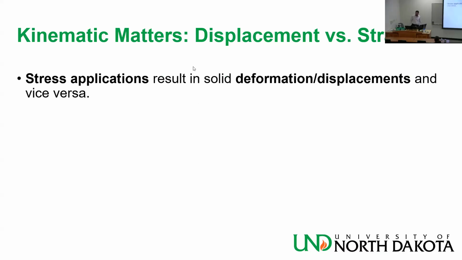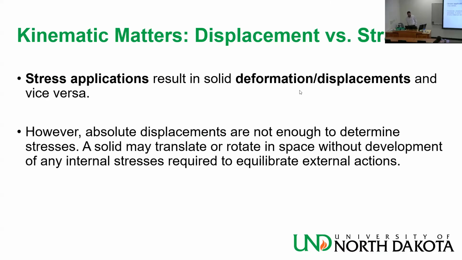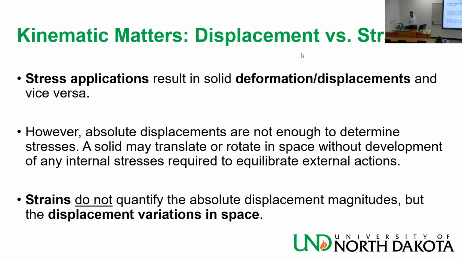Stress application results in solid deformation or displacements and vice versa. However, absolute displacements are not enough to determine stresses. A solid may translate or rotate in space without development of any internal stresses required to equilibrate external actions. Gravity is a form of internal stress.